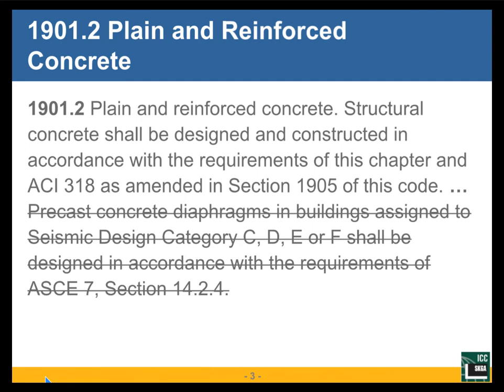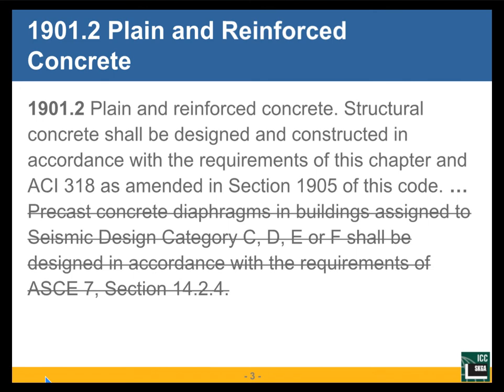In 2018 IBC, this was very important because we had placed design requirements for precast concrete diaphragms in chapter 14 of ACI 318-16. However, chapter 14 is not adopted by the IBC.